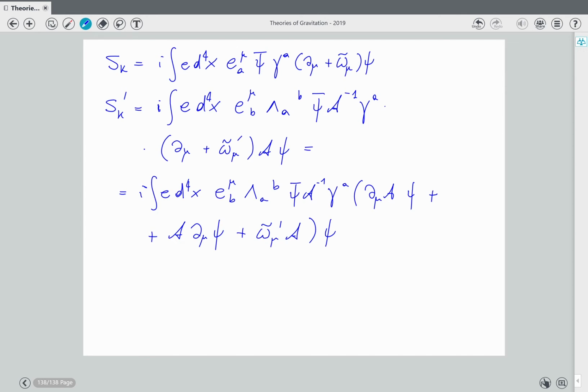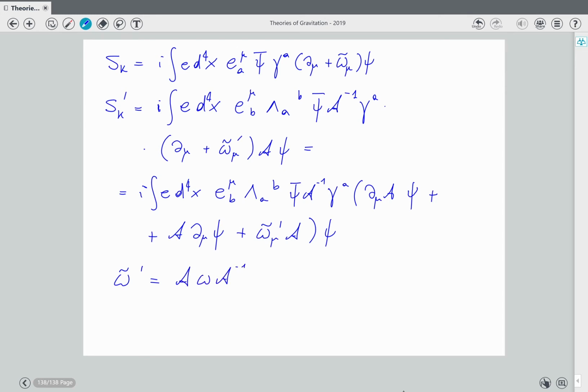Now, it is easy by manipulating these things to check that the transformation, we write the transformation and then insert it back to check that it is the right one. Omega tilde prime, if you want, let's view it as a form. We do not need to write the index mu because Lorentz transformations do not care about that.